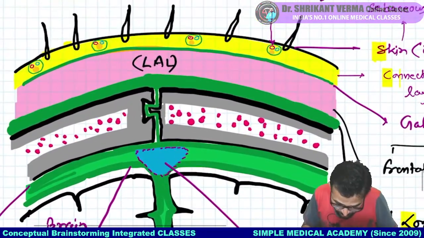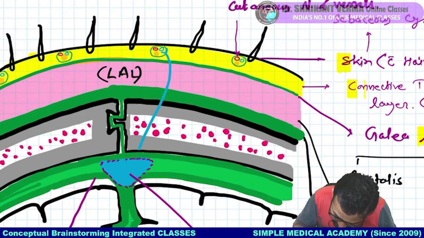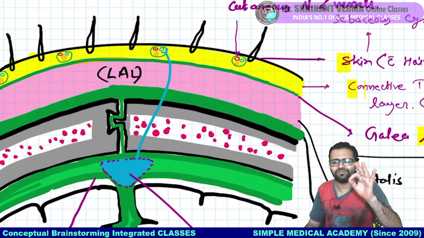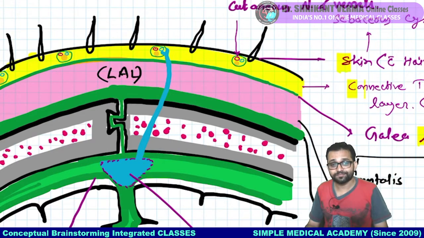Fine sir. So there are certain special kinds of veins which join the extracranial vein and the intracranial vein. These are known as emissary veins. Very important question. Yes, very high yielding points and different MCQs are asked.